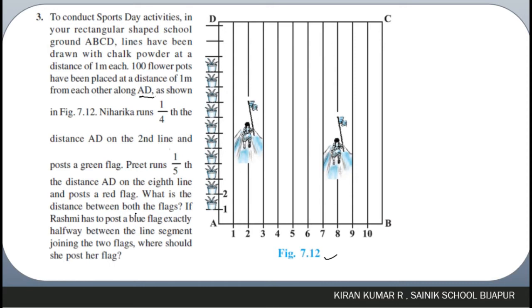What is the distance between both the flags? If Rashmi has to post a blue flag exactly halfway between the line segment joining the two flags, where should she post her flag?